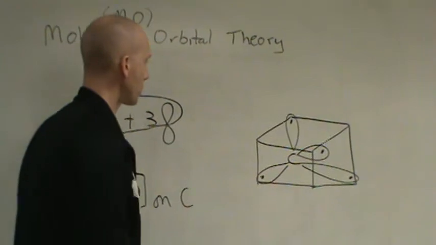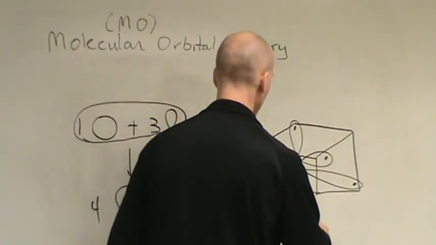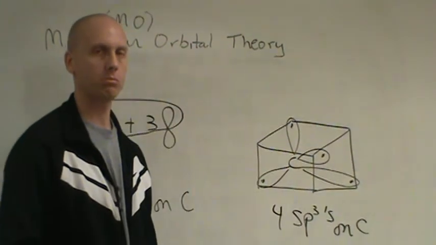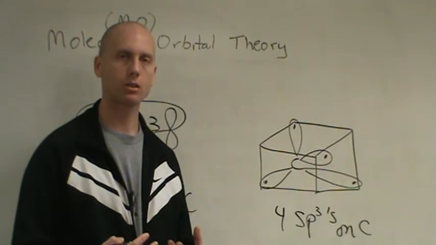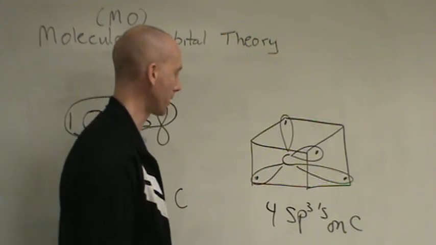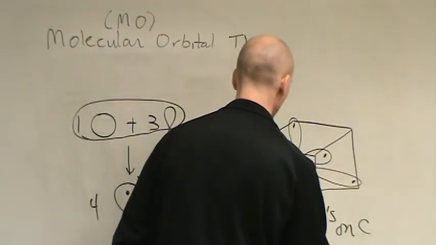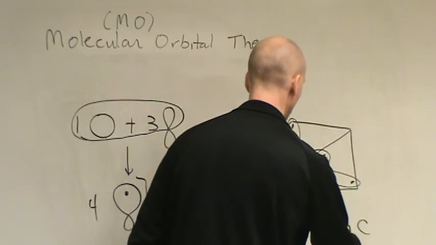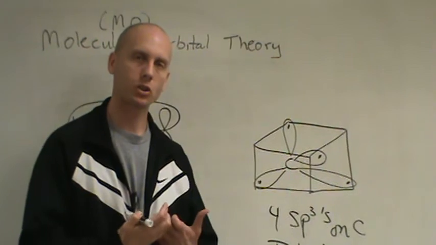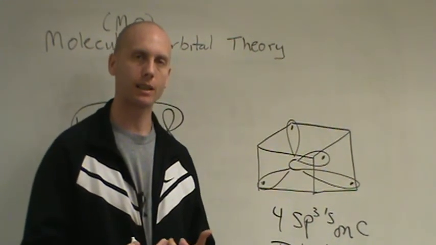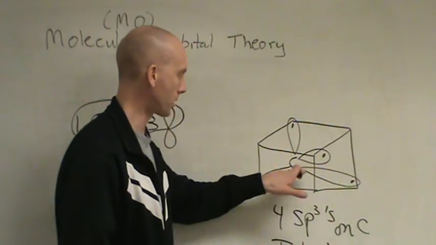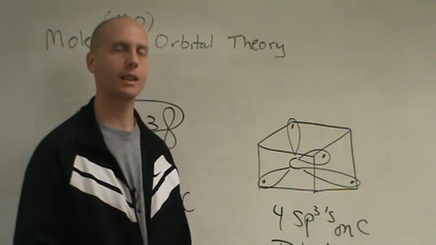So these are the four sp3s on the carbon atom in different corners of the box. You can see it's developing a shape. If you remember from general chemistry, this shape is what's called tetrahedral. So carbon, when it's hybridized as sp3, has these 4 points in a box, and the shape of that particular carbon atom of an sp3 is tetrahedral.